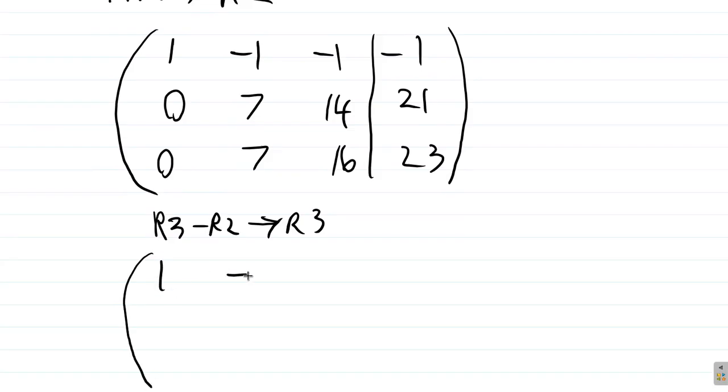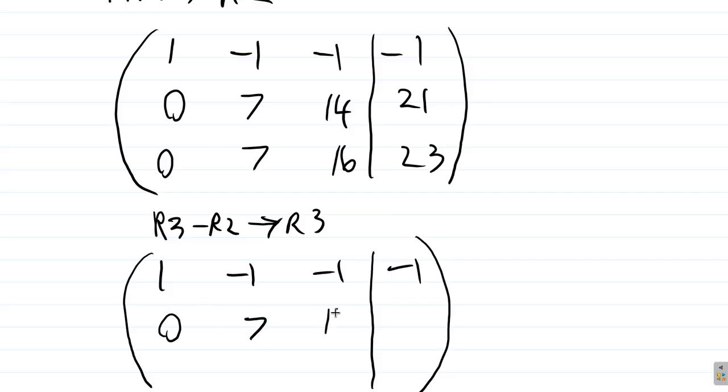You have 1, negative 1, negative 1, negative 1. You have 0, 7, 14, 21. Then, if we subtract, 0 minus 0 is 0. 7 minus 7 is 0. 16 minus 14 is 2. 23 minus 21 is 2.